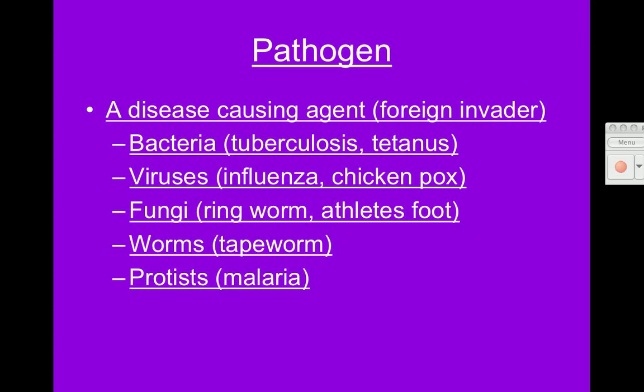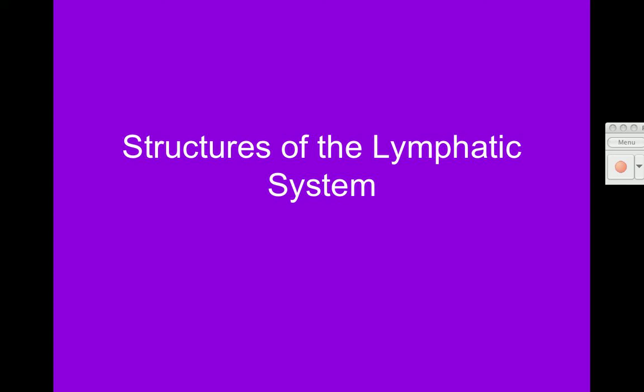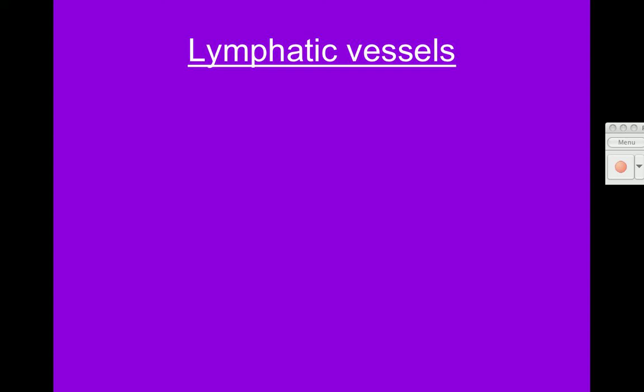Now within the lymphatic system we have several structures that are important, and some of these you may have heard of, but you may not exactly know what they do. The first structure is the lymphatic vessels themselves. We hear about blood vessels all the time, but you don't hear a lot about lymphatic vessels.